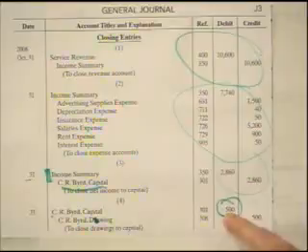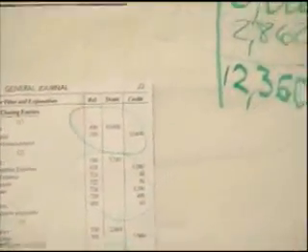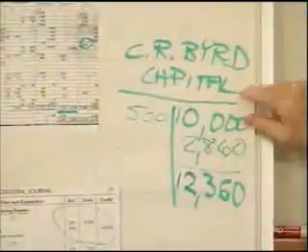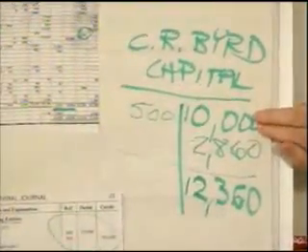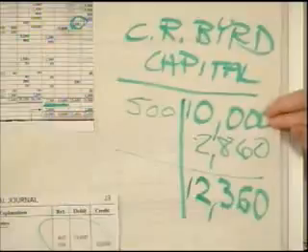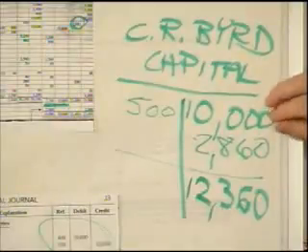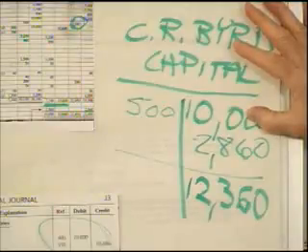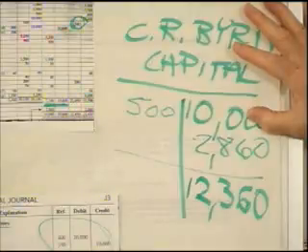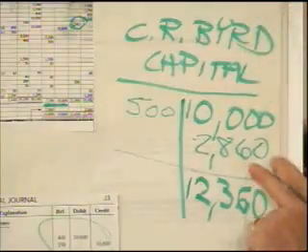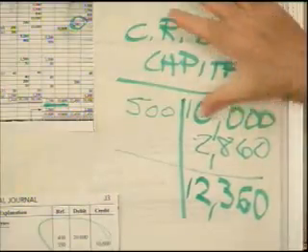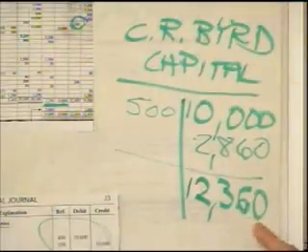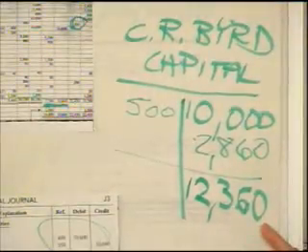I have an analysis of that capital account here in a T account. Up here, C.R. Bird Capital. It started off with 10,000 at the beginning of the month. This $10,000 capital, which is also on that balance sheet worksheet, will sit there until we do our closing entries at the end of the year. Our closing entries not only close out the revenue and the expense accounts back to zero, but they also put in our net income, which was this entry here, and they pull out our drawing, and the net effect is we now have a C.R. Bird capital of $12,360.